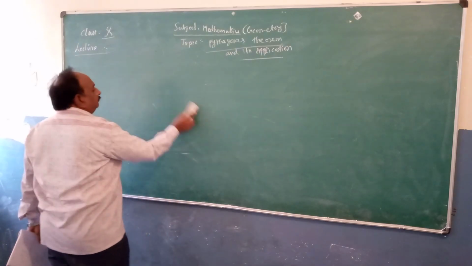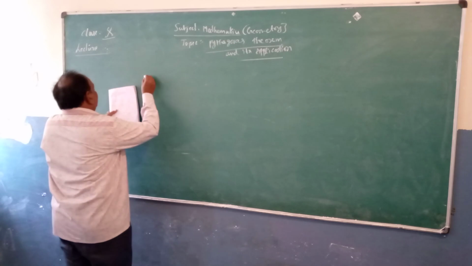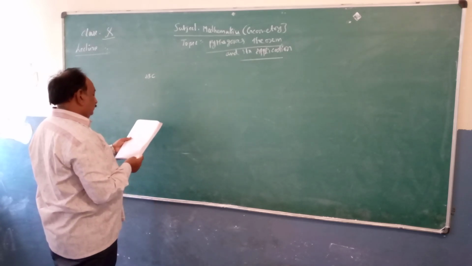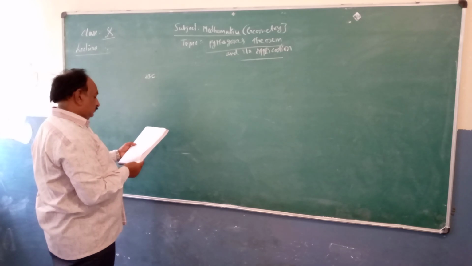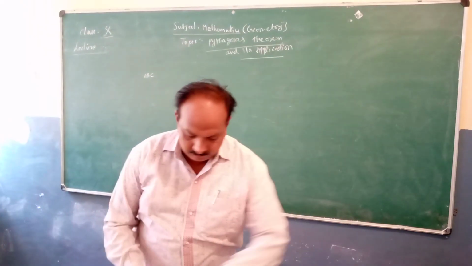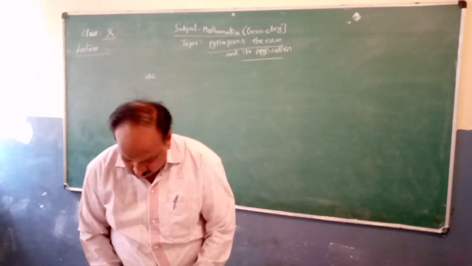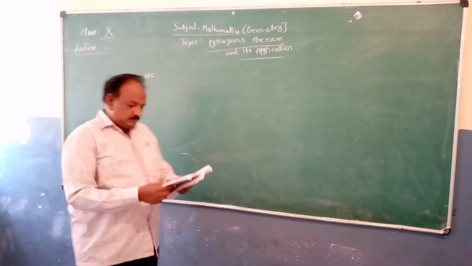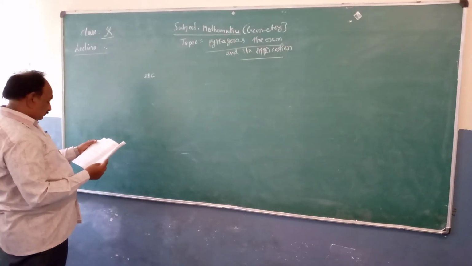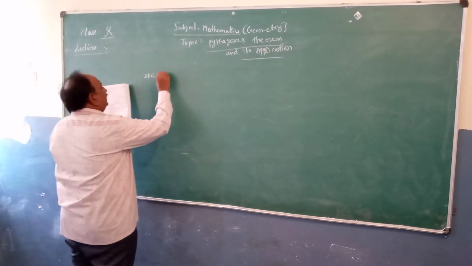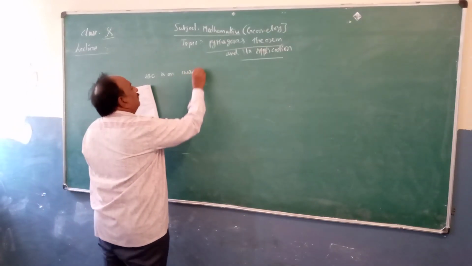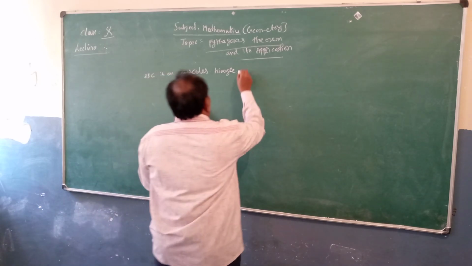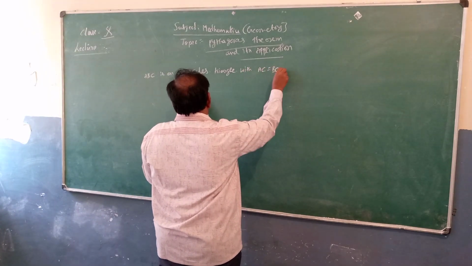Next problem. ABC is an isosceles triangle with AC is equal to BC.